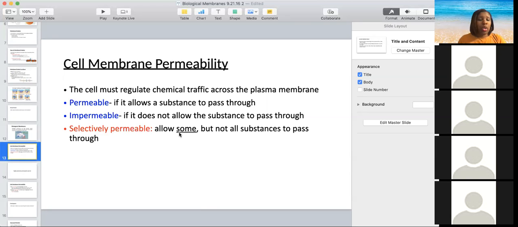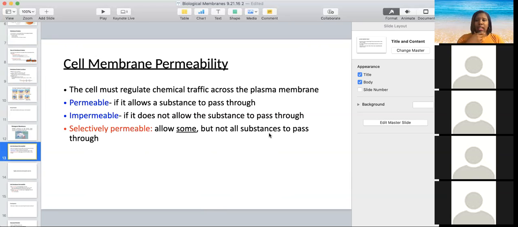It's going to allow some things to pass easily through the membrane, but other substances won't be able to pass so easily, and it's going to require some facilitation, like those transporter proteins that we talked about.